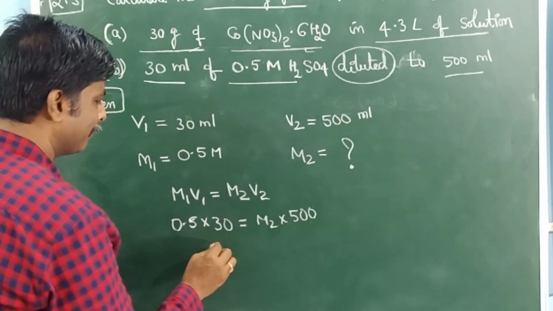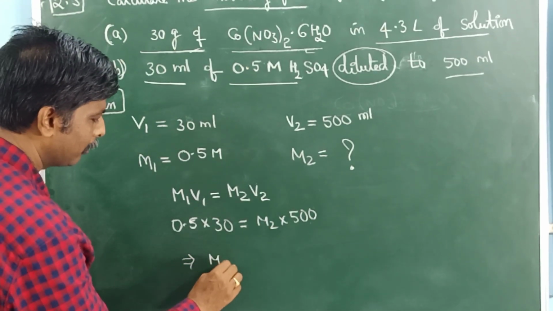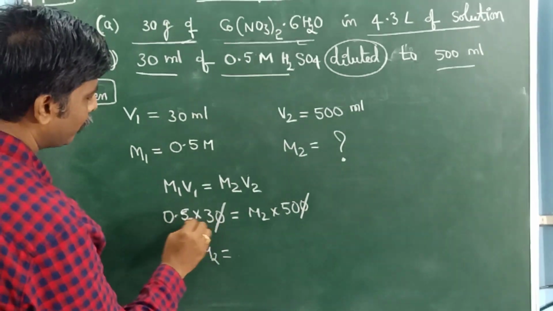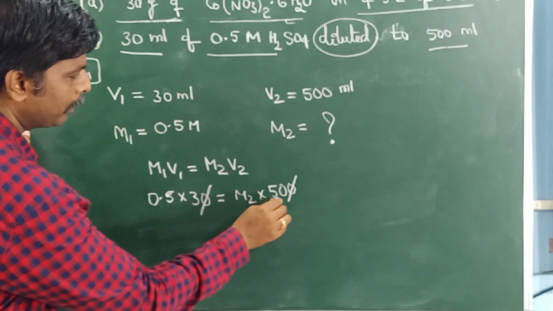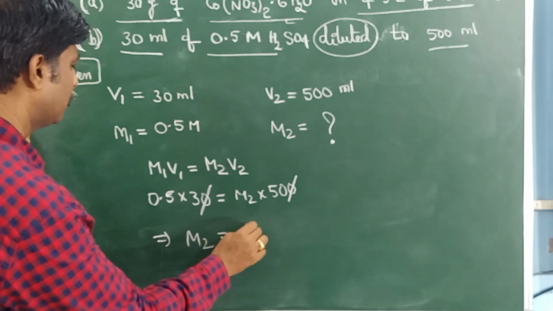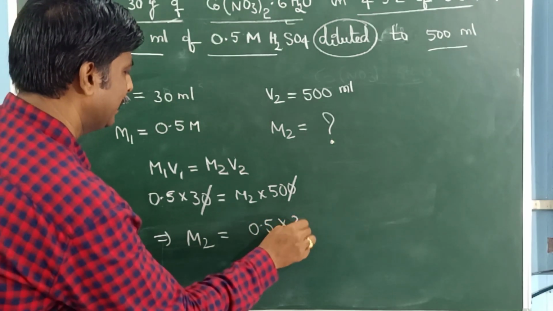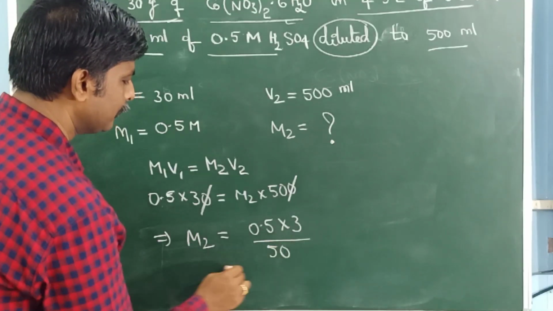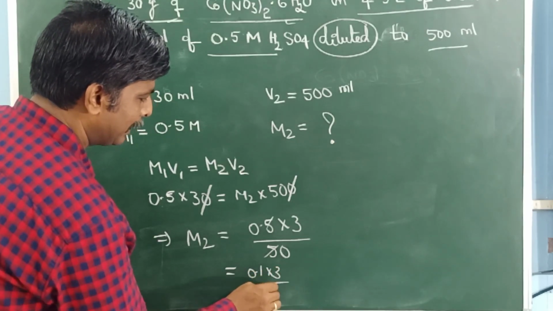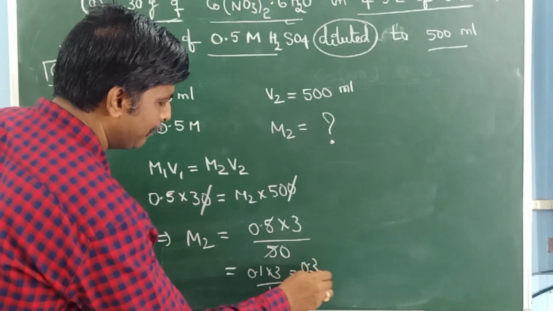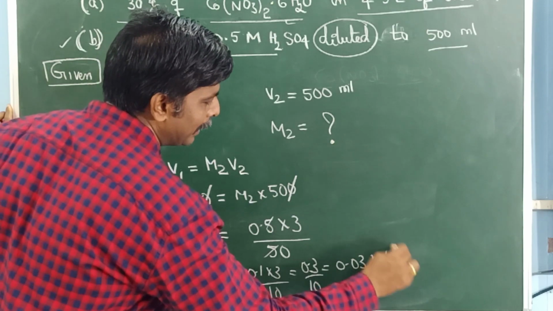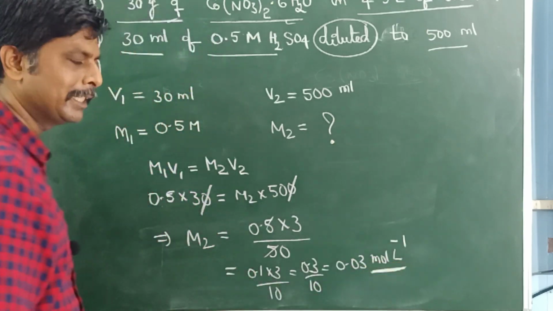So M2 is equal to 0.5 into 30 by 500. The 0 cancels, so 0.5 into 3 by 50. 5 cancels, so 0.1 into 3 by 10, so 0.3 by 10, 0.03 mol per liter.